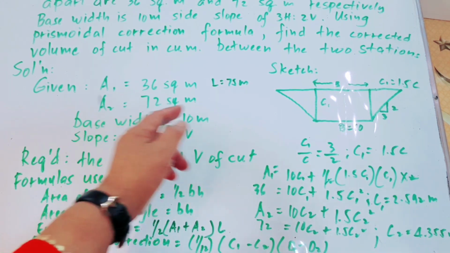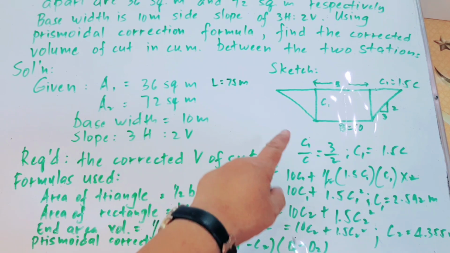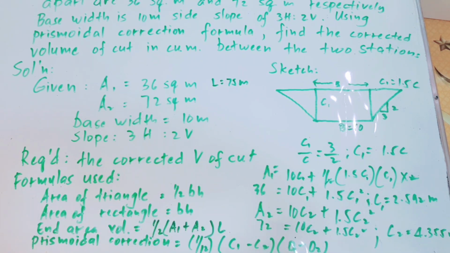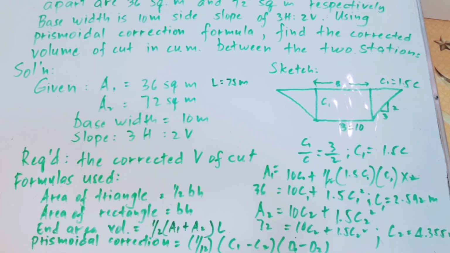Now, we have to look first for the end area volume of these two irregular sections.